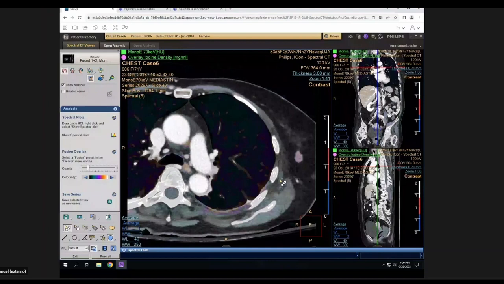I know there are some publications about virtual non-contrast and calcium scoring, but I don't have this publication right in my head. So I think that's very interesting. And there are some nice correlations, but I don't know exactly the details of the publications. That's certainly interesting.